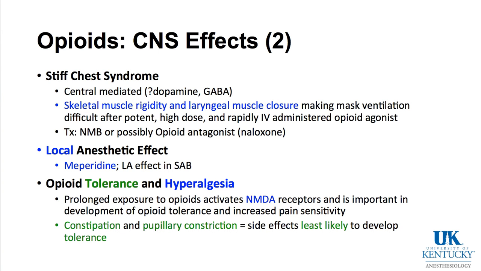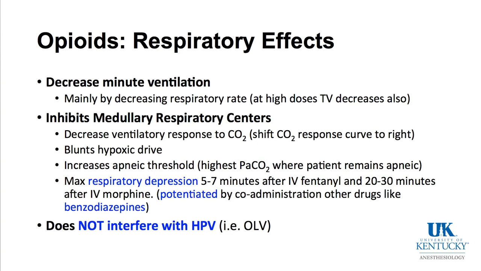And these types of patients oftentimes will use a drug like low-dose ketamine in the perioperative period for some of the analgesia. It blocks the NMDA receptor. Now, of the side effects least likely to develop tolerance to when you're using chronic opioids, they are constipation and pupillary constriction. So you'll still have constricted pupils and have problems with constipation. That's one of the last things that you may become tolerant to when using opioids.